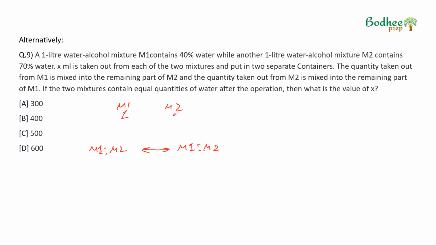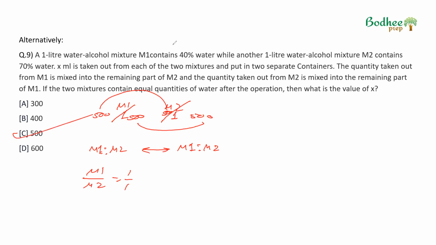So since they were 1 liter, 1 liter, if I take out half from here, and mix them. So 500 ml, 500 ml. Here 500 ml, 500 ml. I take this 500, mix it here, take this 500, mix it here. M1, M2 will be in the ratio 1:1 in both of them, and hence have the same concentration. So directly we could have said 500 needs to be removed.